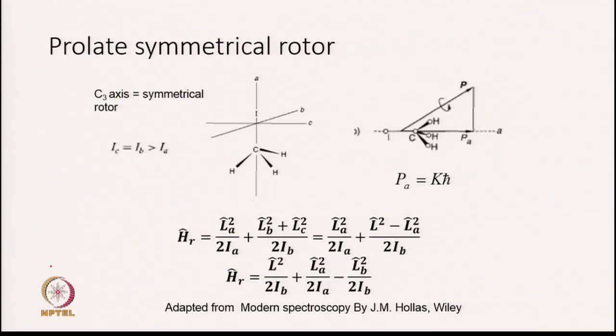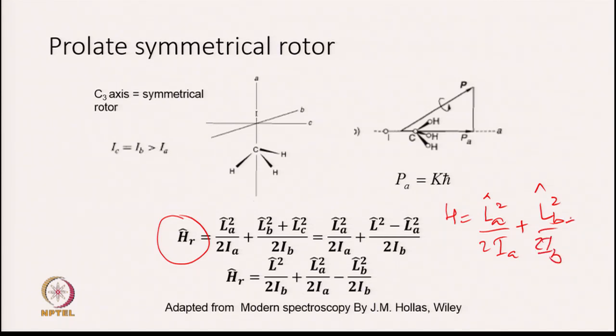The Hamiltonian of a prolate symmetric rotor can be written in terms of its angular momentum operators. So, the Hamiltonian is generally written as the LA square operator divided by 2IA, plus the LB square operator divided by 2IB, plus the LC square operator divided by 2IC.